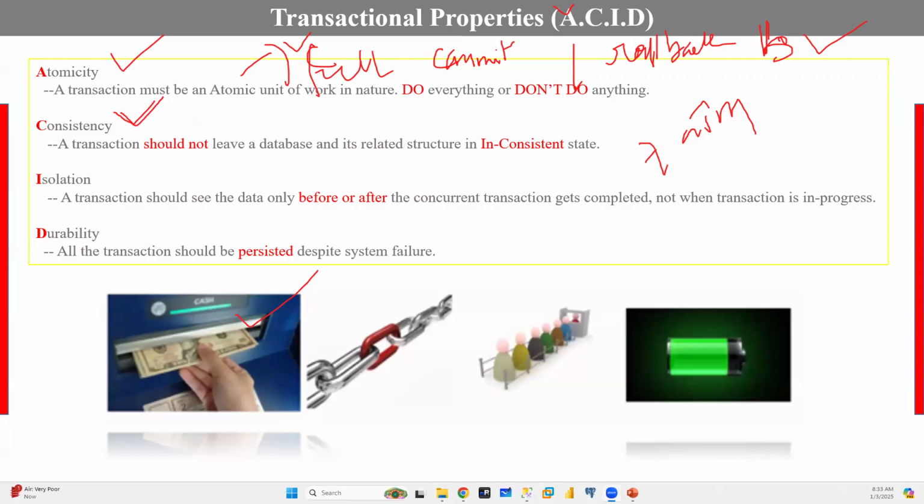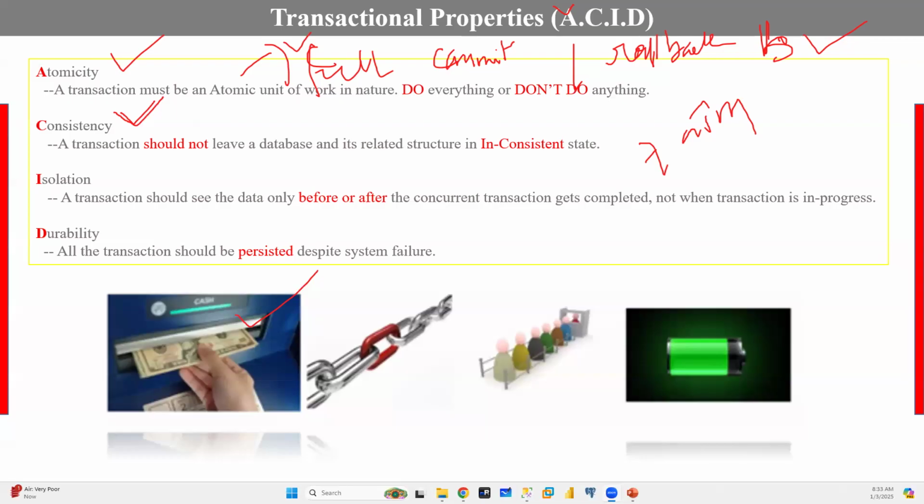It should not keep your database in an abnormal state. Someone asked: consistency, a transaction should not violate the behavior of a database and its structure, is that correct? Yes, that's what I'm telling next.